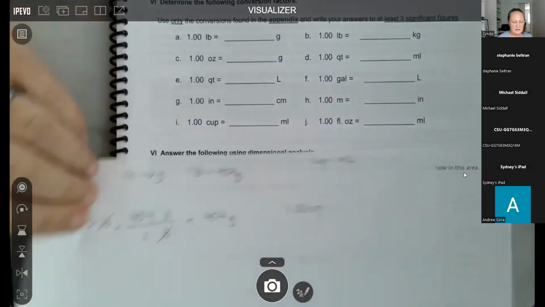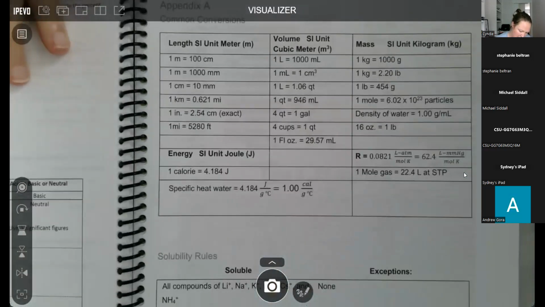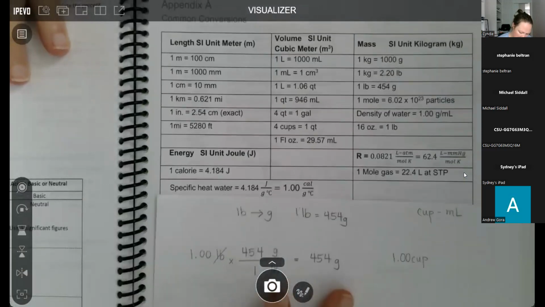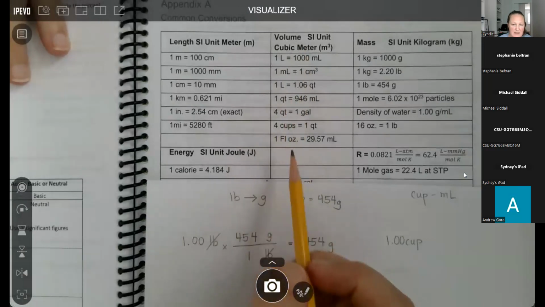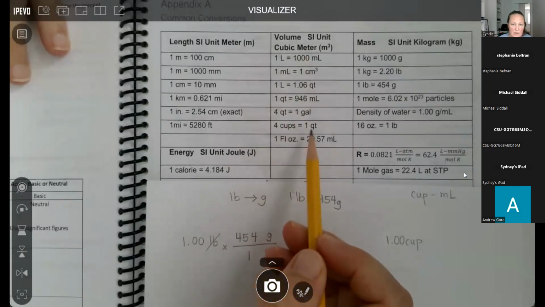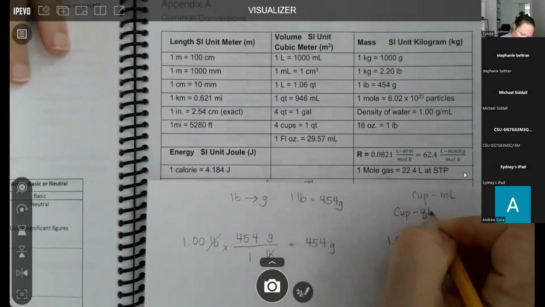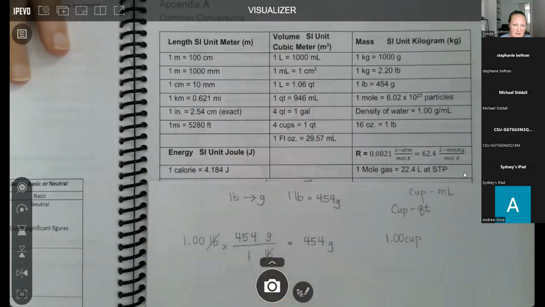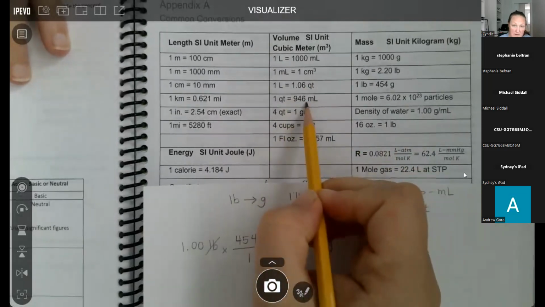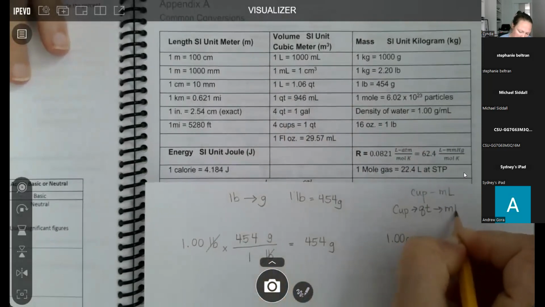So let's take a look at the appendix. See if it's there. If not, it might be one of the ones that I added. Okay, so cups and milliliters, those are volume measurements. I do see cups to quarts. So I know I can get from cups to quarts. Okay, and do I have any quarts going to milliliters? I do, I see quart and milliliter. So I can go from cups to quarts to milliliters.